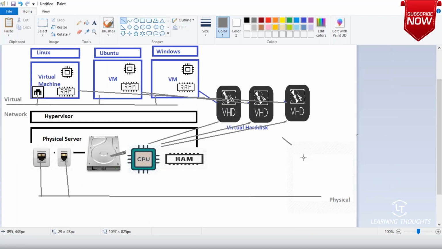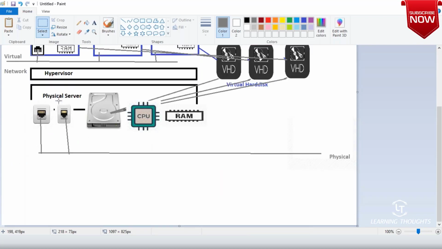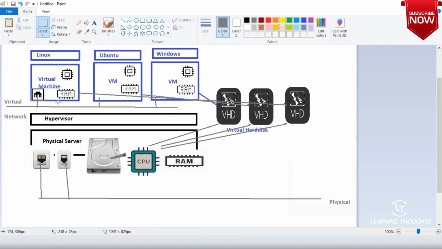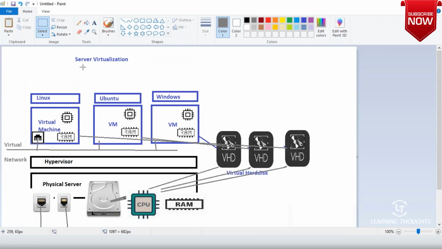For example, you would have a physical CPU, but your virtual machines get a virtual CPU, which will rely on some of your CPU components. Here you get a virtual RAM, which will rely on a physical RAM. Here you get a virtual network, which might rely on an actual network connected to your system. So that is how the whole virtual machine concept works.